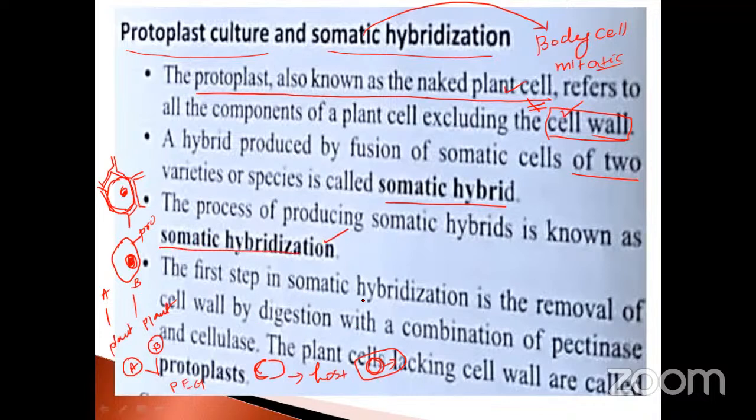The first step in somatic hybridization is the removal of the cell wall by digestion with a combination of pectinase and cellulase.